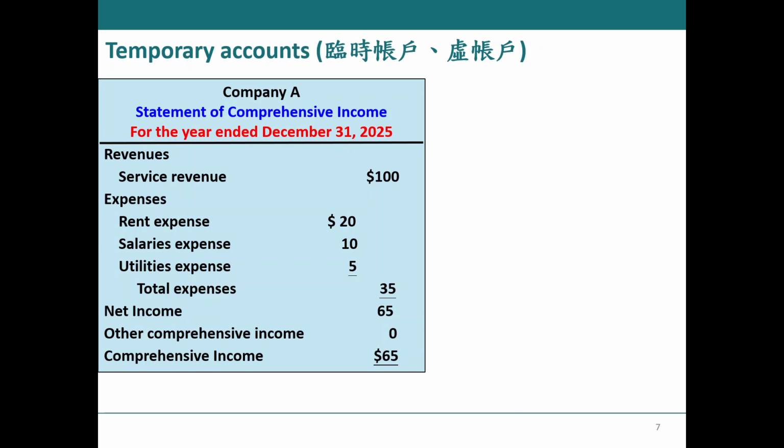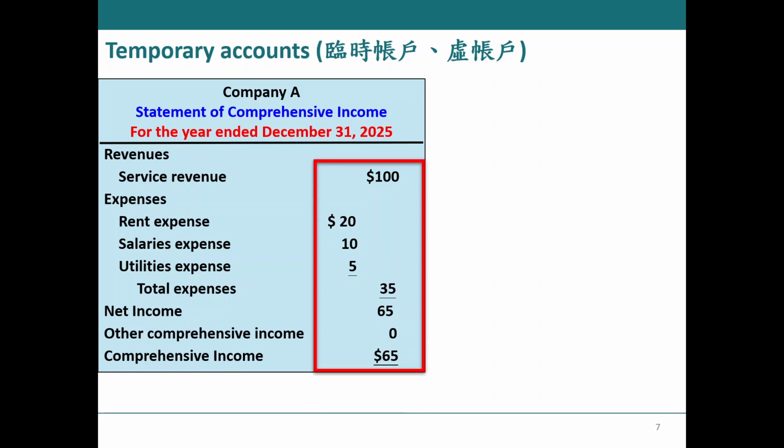Then consider OCI, other comprehensive income. Surprise gain or loss, that's our part two. So totally, what's our overall profits this period, this year? So this year, you do your business, sell the product, provide the service, whether you made the money or not.